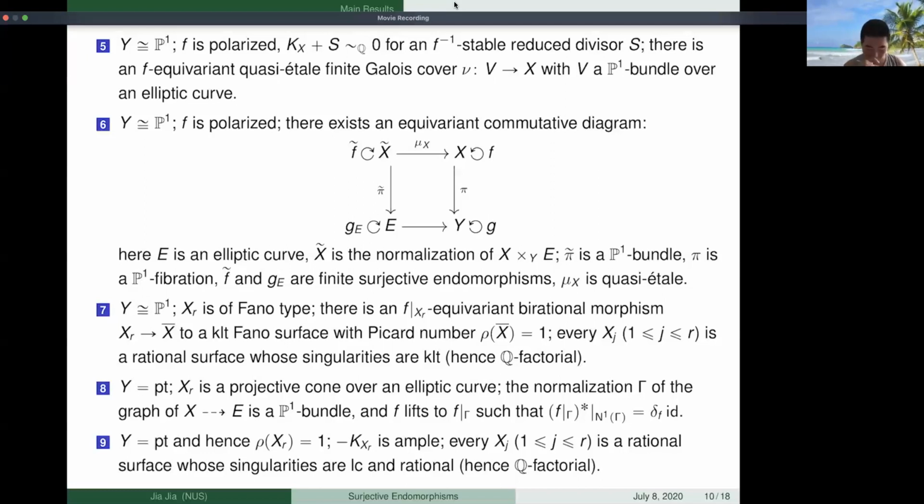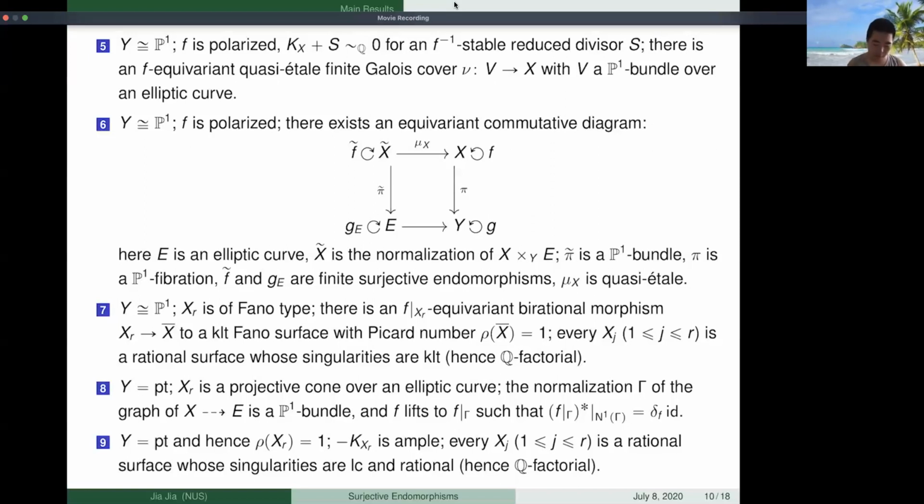The remaining two cases, we have this Y is just a point. For case 8, we have this X_r is a projective cone over an elliptic curve. And since X_r is a projective cone, we have a rational map from X_r to the base elliptic curve.